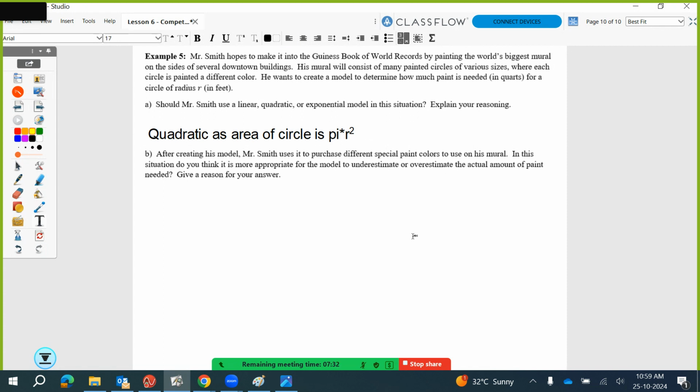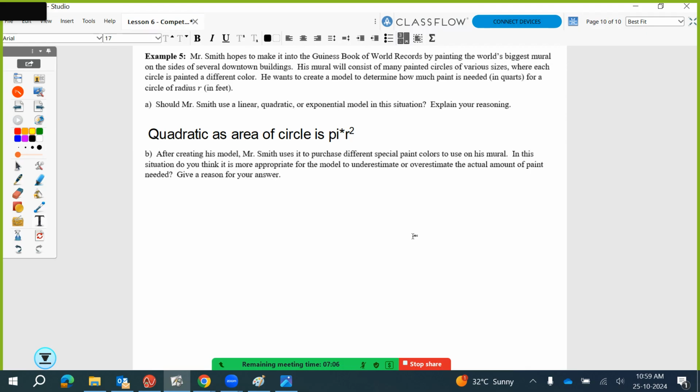Overestimate, so you have extra. You can never be too careful. The paint's a liquid. Imagine you run out, it's a problem.